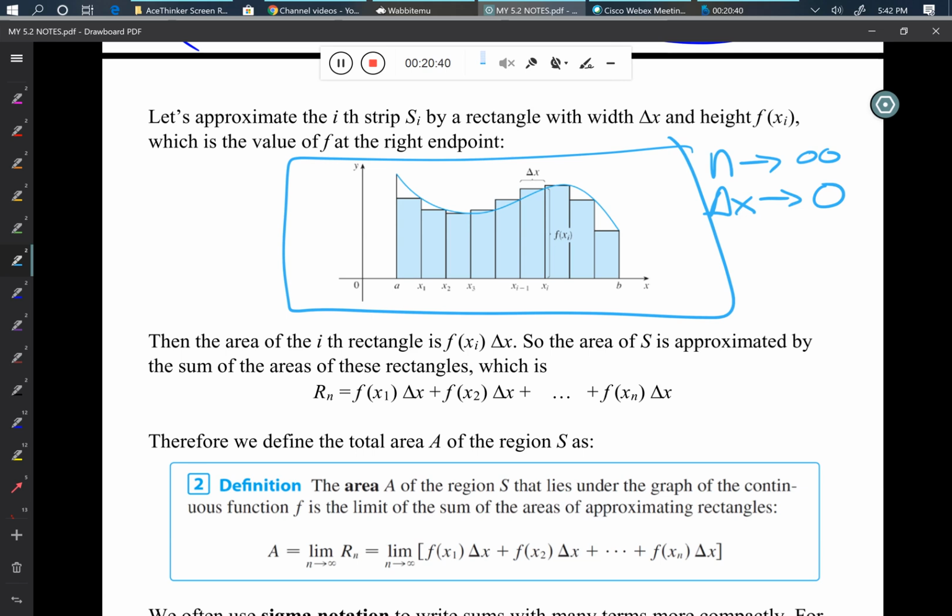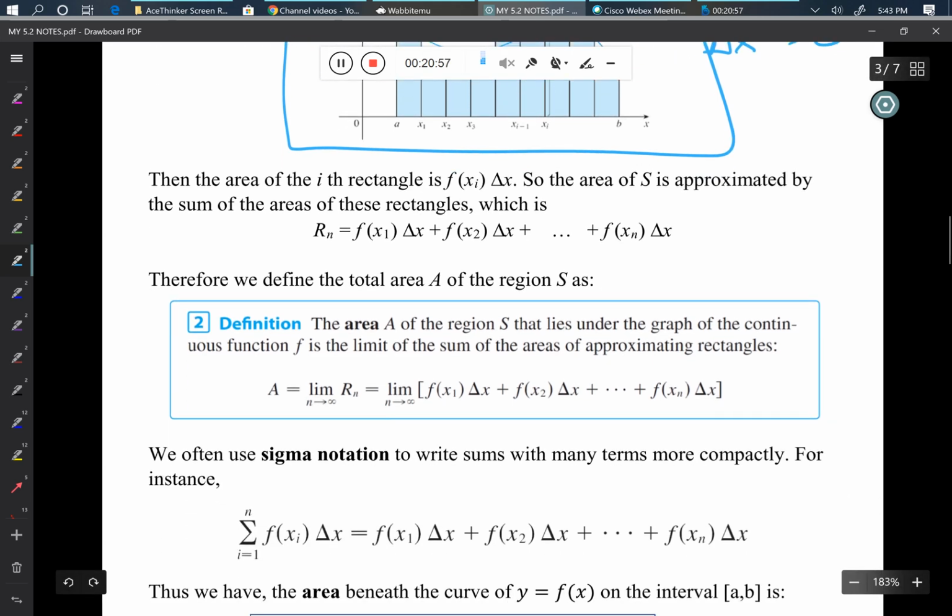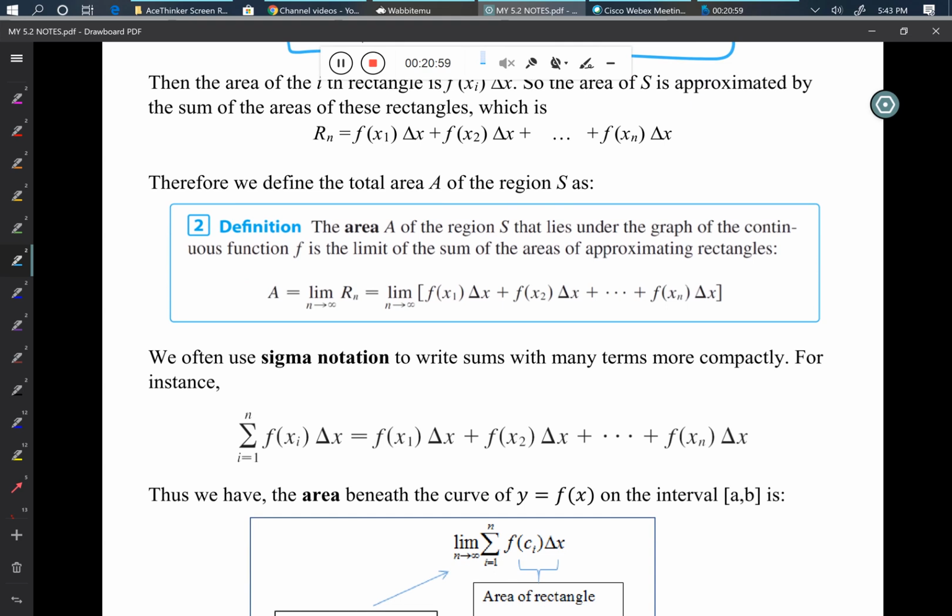And that's what we're looking for. We're looking to find what's going to happen to the approximation if the width goes to 0. Because when the width goes to 0, thin rectangles mean more accurate. More accurate is a good thing. So if we want to find the actual area by taking the limit as the number of rectangles approaches infinity, then we have to take the limit of a summation.